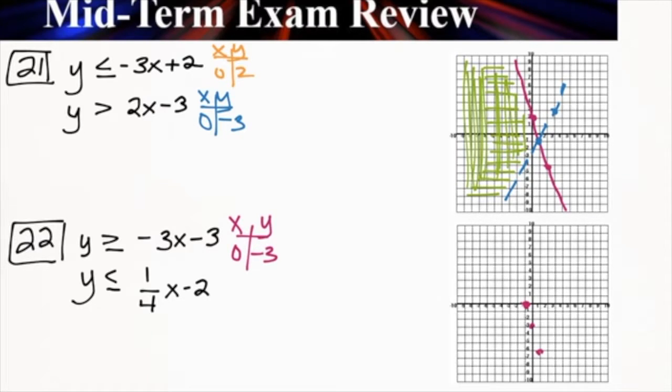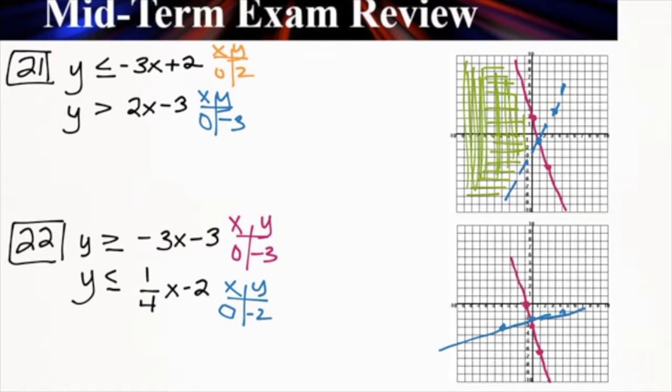And then I'll just draw that line real quick. And then we'll switch to another color, and we'll plug in 0. And that'll give me -2. So now I'm going to start at -2, and I'm going to go up 1 over 4. We'll go the other way as well. Right there. And draw that line.